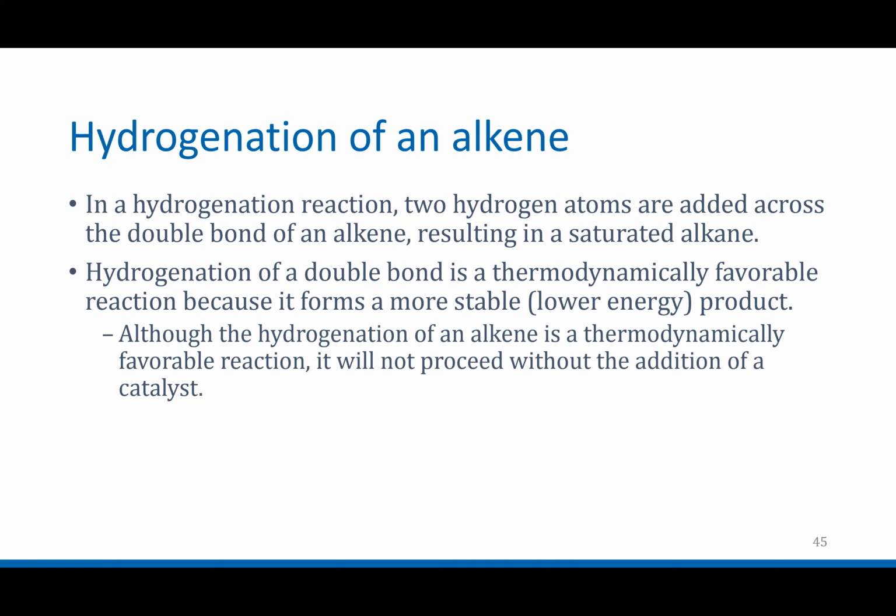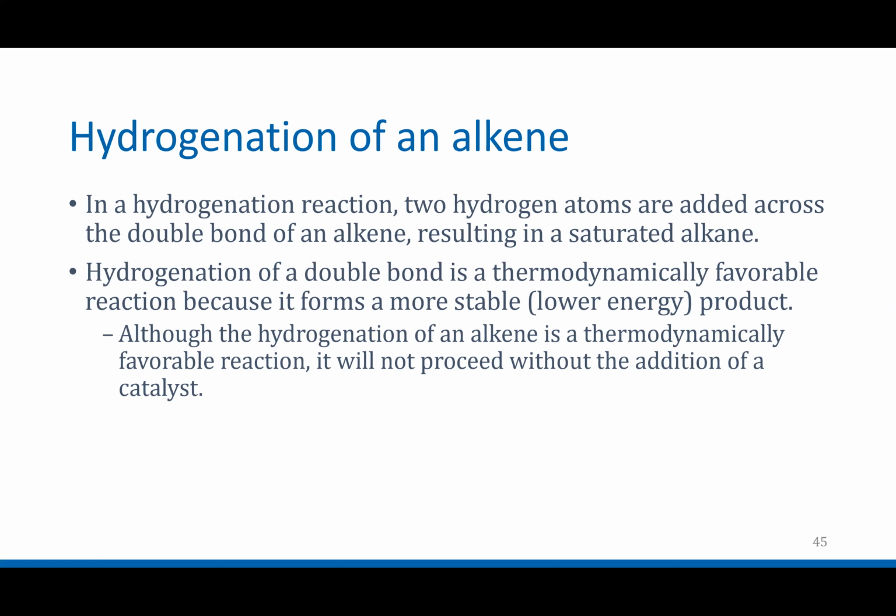One of the simplest ones is just taking a double bond and adding hydrogen across it. So hydrogenation is what it's called. You don't need to know the names of any of these, by the way, but if I added 2 hydrogen atoms across a double bond, it would turn that alkene into an alkane.